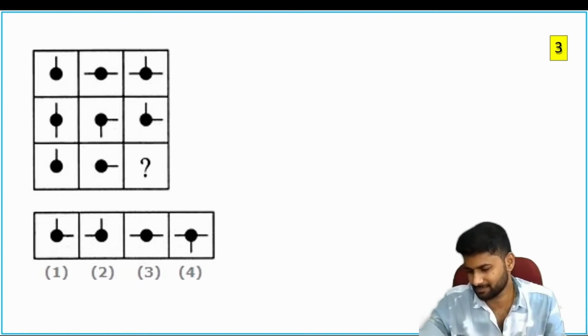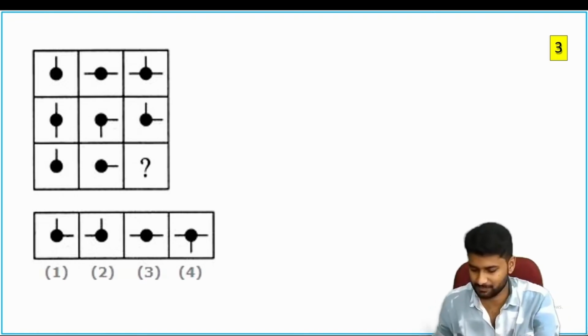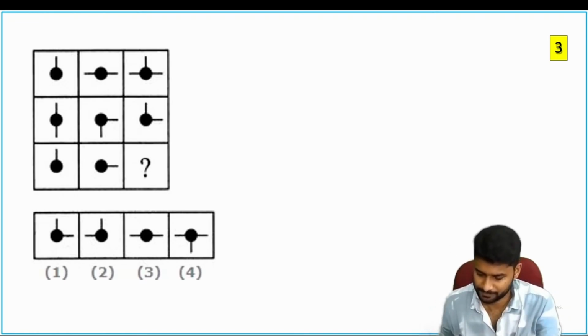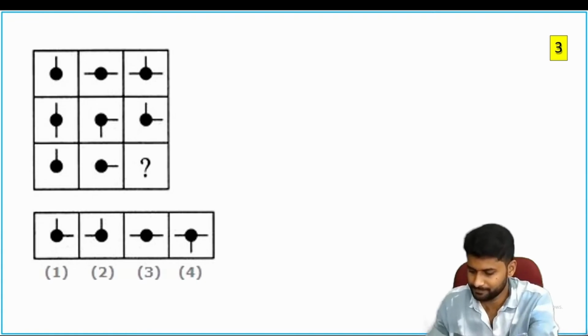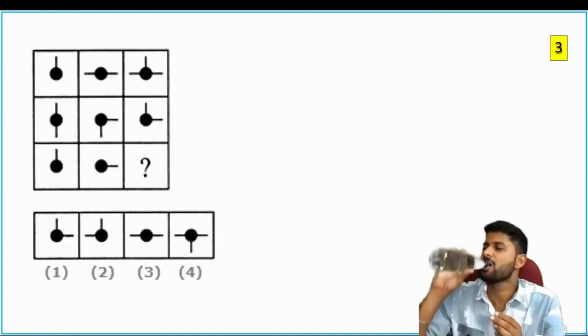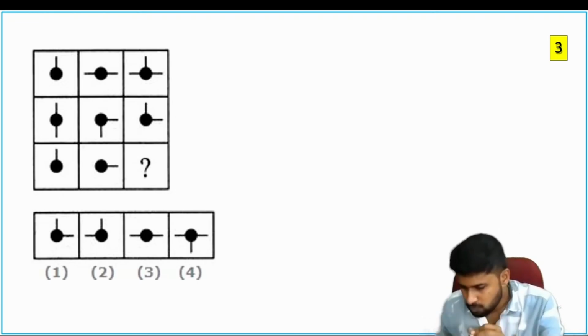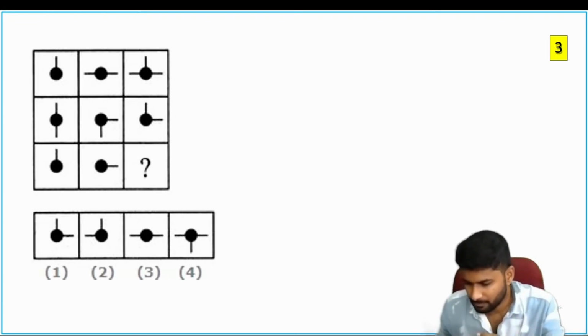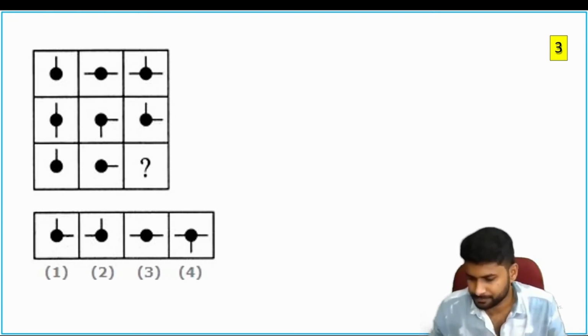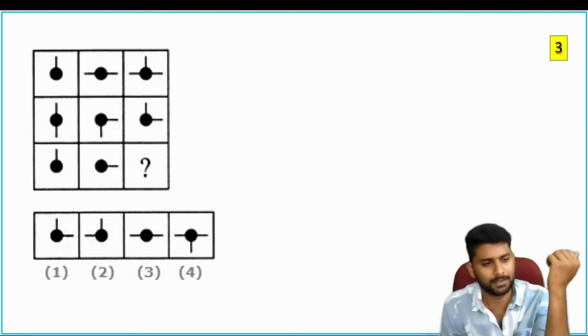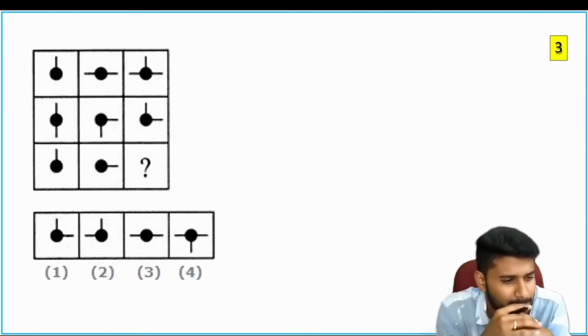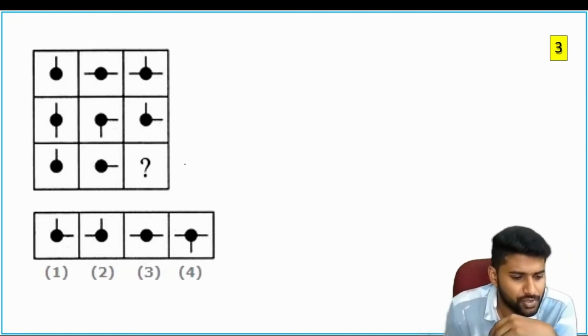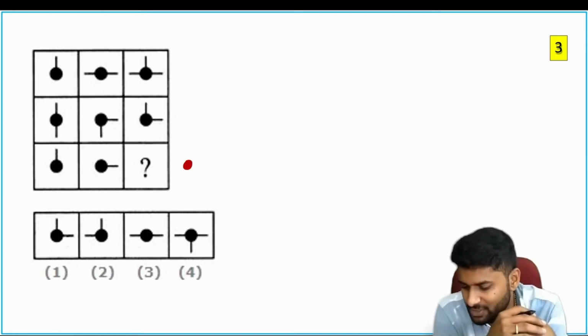So what can be the next answer? You already know that the dot is common in the entire column number 1, column number 2 and column number 3. What about the respective lines?